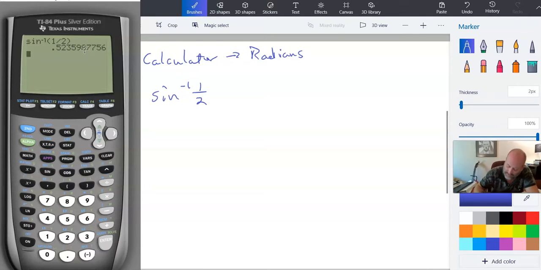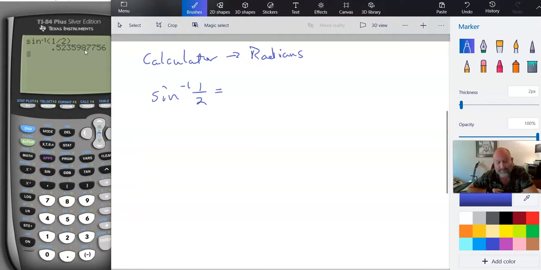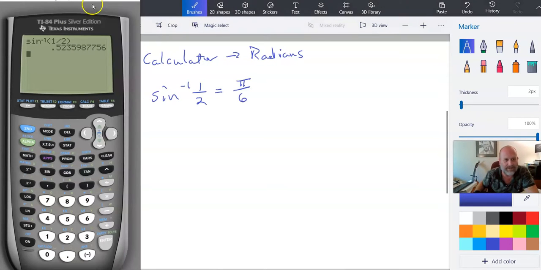How do we know if that's right? Well, it is right, but one of the ways you can check, just so you have a better sense of this, is if you know what angle gives you 1/2 for sine, which in this case is pi over 6. We know the answer is pi over 6. So we just need to see if pi divided by 6 gives us the same answer.